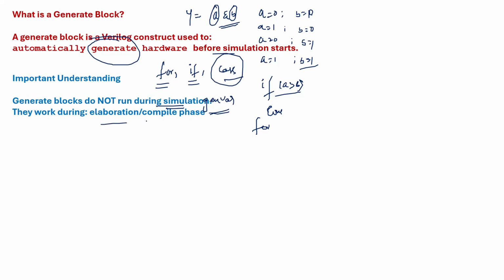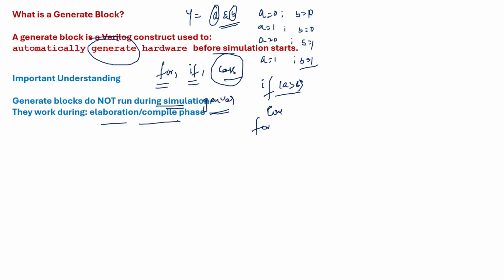During the elaboration or compilation phase only, it checks whether there are any errors. Compilation time checks the syntax errors, all these things. If there are any syntax errors, it does not go to the simulation phase. Simulation will check the functionality of your design.